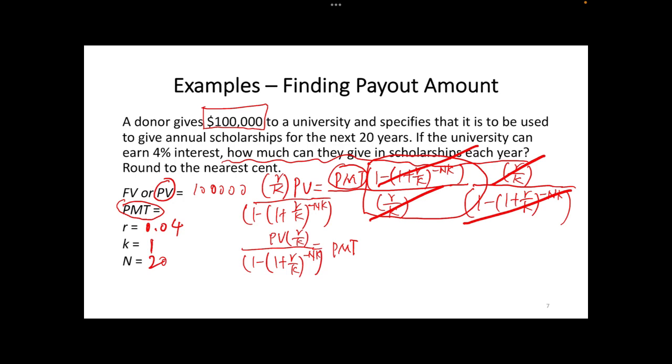And then we can plug in the parameter values. Withdrawal amount equals PV, that's 100,000, times R, that's 0.04 over K, K equals 1, divided by 1 minus parentheses 1 plus 0.04 divided by 1.